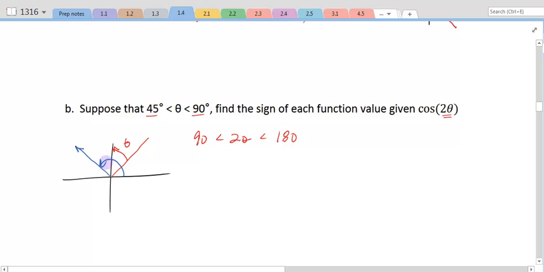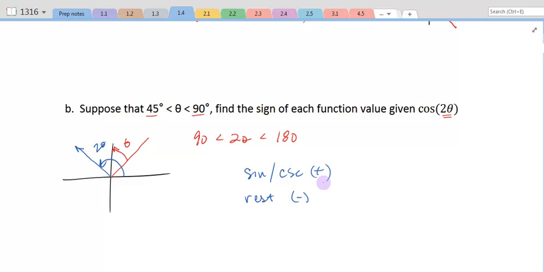This would be 2 theta. Since I'm in the second quadrant, sine and cosecant would be positive, and the rest would be negative. So that's a different way to look at our signs.